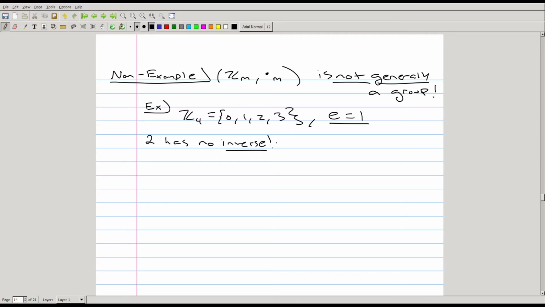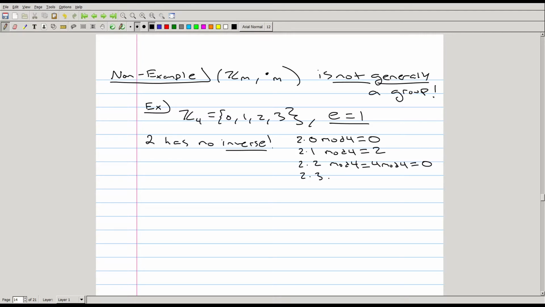And we can very clearly see that 2 has no inverse, because if you take 2 times 0 mod 4, you get 0. 2 times 1 mod 4 is going to be equal to 2. 2 times 2 mod 4 is going to be equal to 4 mod 4, or 0.